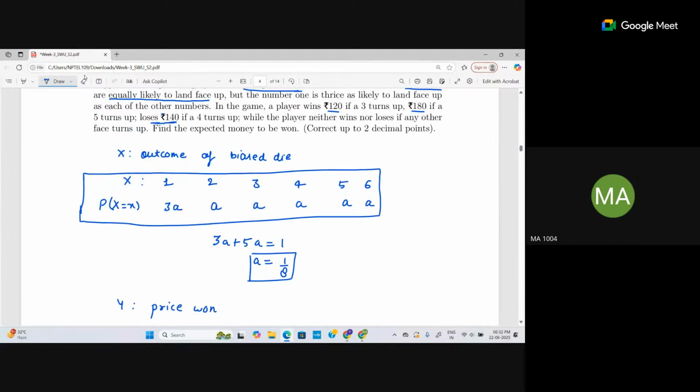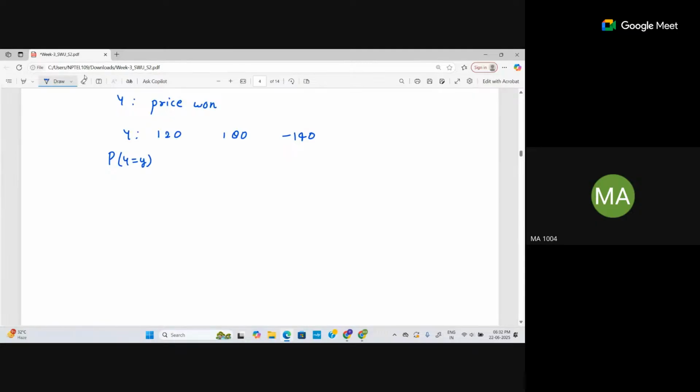So 120 he receives when 3 comes, and the probability of 3 occurring on the die is a. So a is what? 1 by 8, right? So the probability that the player will win 120 rupees is 1 by 8. Is it clear to everyone?